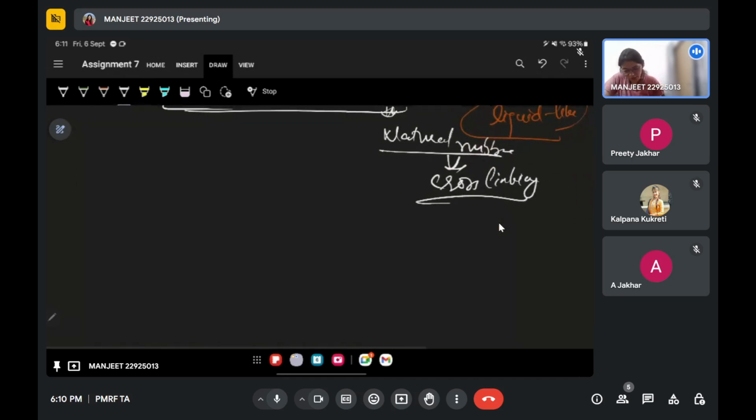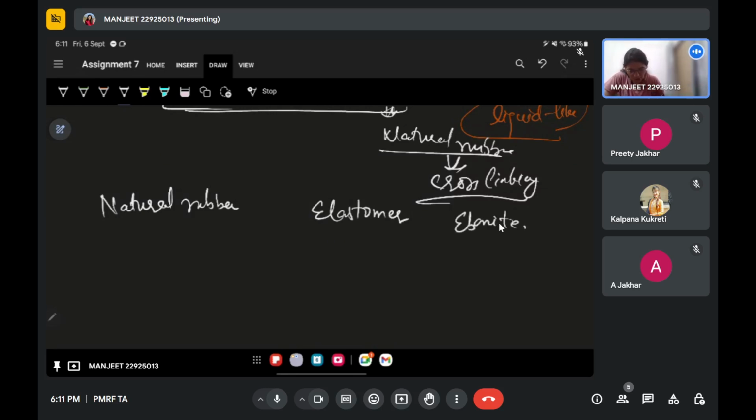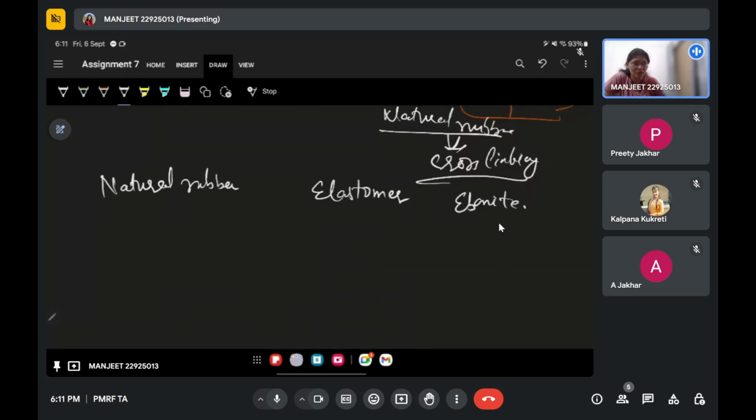If you see here, we have natural rubber, then the elastomer, in order of elasticity, and then the ebonite one. In natural rubber there is no cross linking, I mean there is no sulfur there.